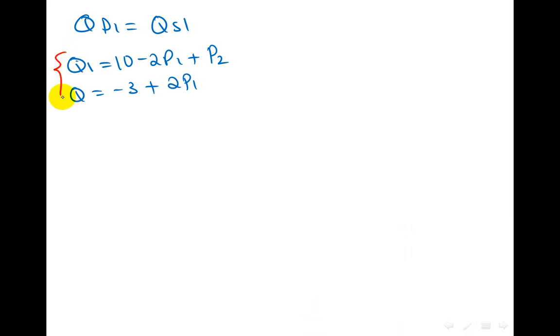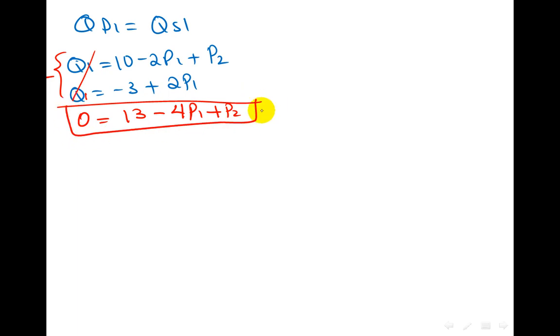Once you do the elimination, since they have the same sign, I'm going to subtract. This is 1, so Q1 minus Q1 will be 0. 10 minus minus 3 will give you 13. Minus 2 will give you minus 4P1. And this P2 is alone, it doesn't have any like term, so take it as it is. This will be your star, equation number 1.